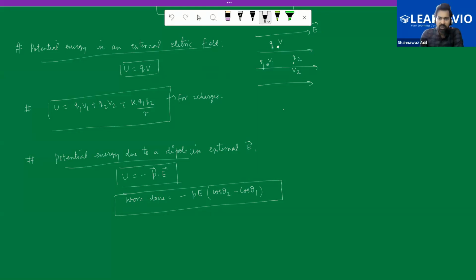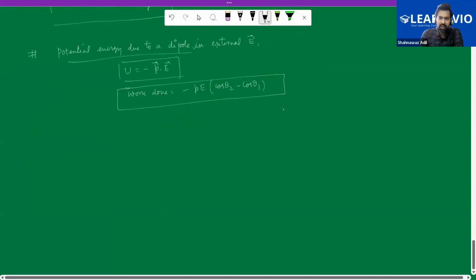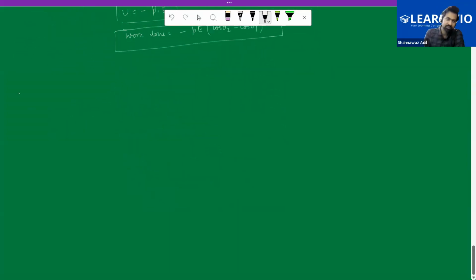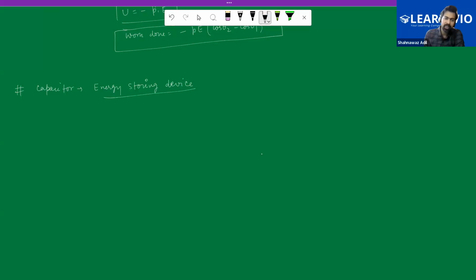Okay, so now let us talk about the capacitor, right? So we all know that capacitor is an energy storing device, right? And a capacitor has three kinds.